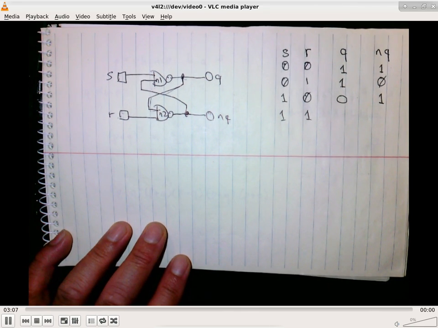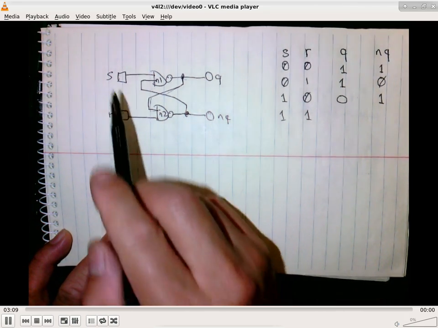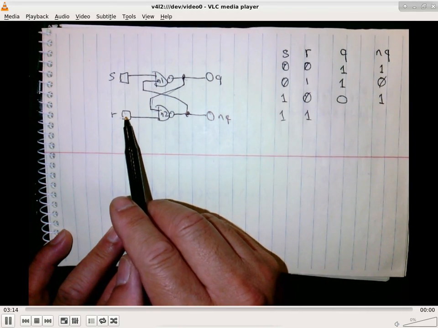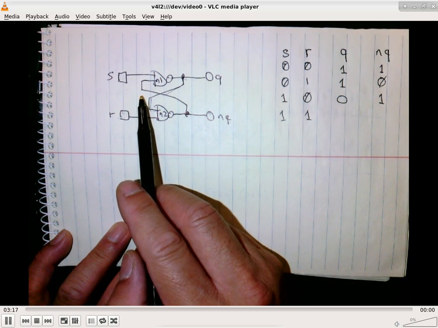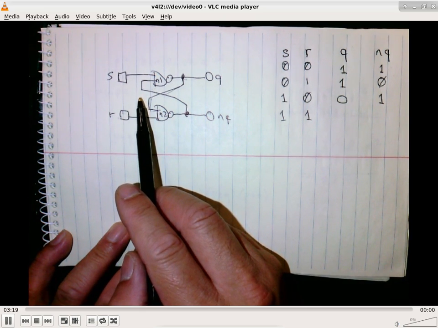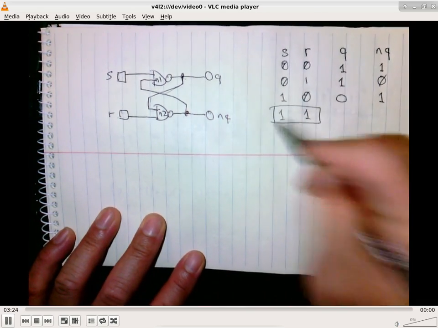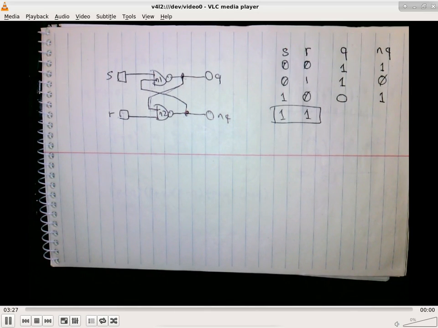The last one is a little bit tricky because all we are saying is S is 1, R is 1, right? Well, but then it depends on the other pin to determine the state. Does that make any sense? So now you have to look at this case and go like, oh, this is a little bit tricky. Because when S and R are both 1s, then if Q is a 0 to begin with, then Q will continue to be a 0, but this 0 will go into here and make NQ equal to 1.